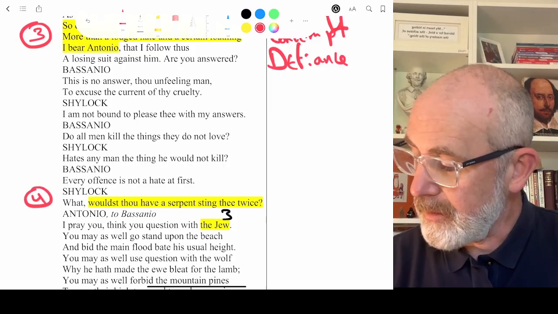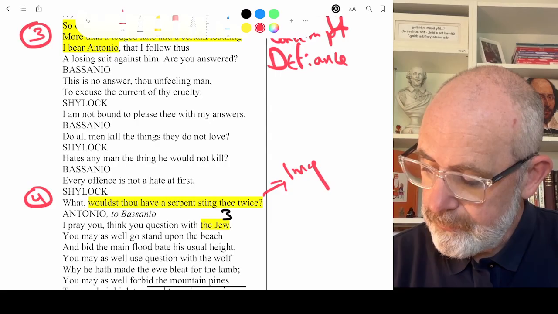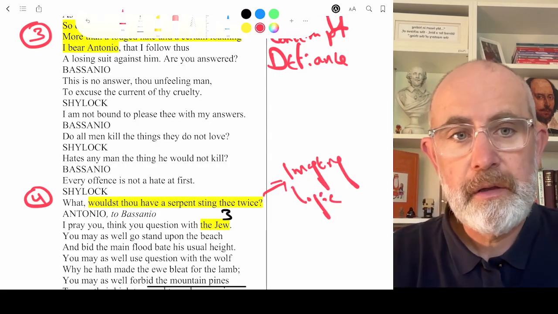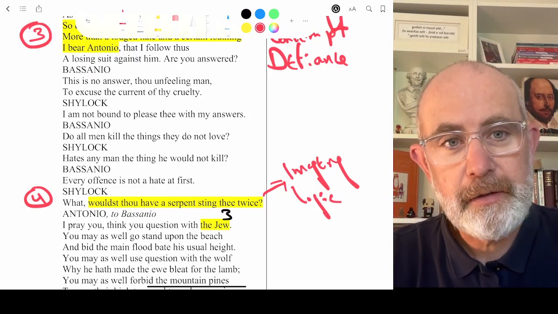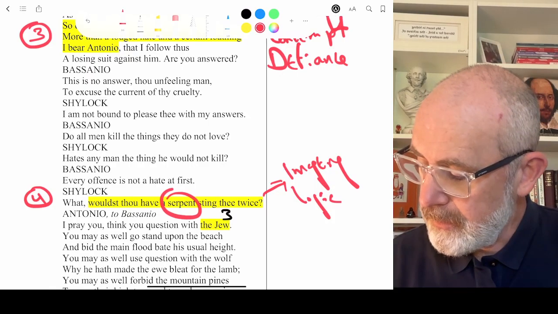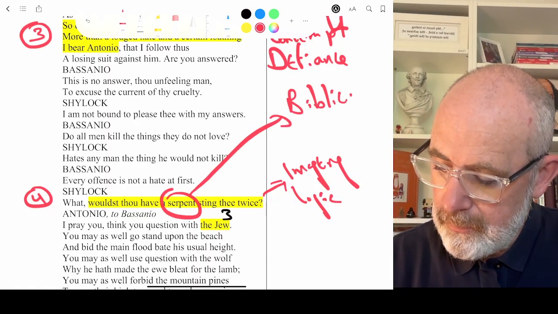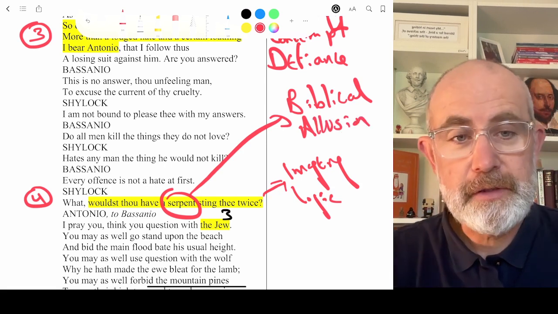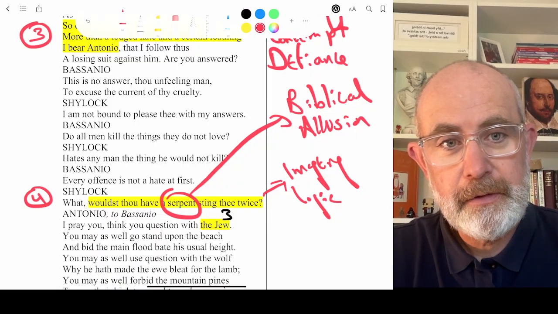And again, I think it's a brilliant example of Shakespeare's use of imagery. And again, it shows the logic of Shylock's approach here. The reference to the serpent, if you want to use big words, is a biblical allusion, a reference to the serpent as a symbol of the devil and of corruption.